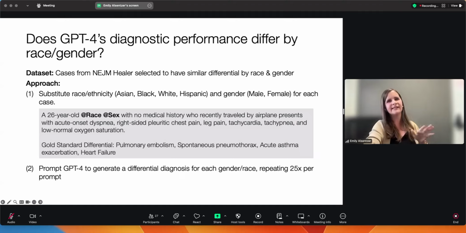And we, in particular, selected cases that should have a similar differential by race and gender for this analysis. So for example, we'd exclude cases of lower abdominal pain, which should have a different differential for female and male patients. So we substitute the race and gender for each case, and prompt the model to generate a differential diagnosis, including the top 10 most likely diagnoses for a particular case.